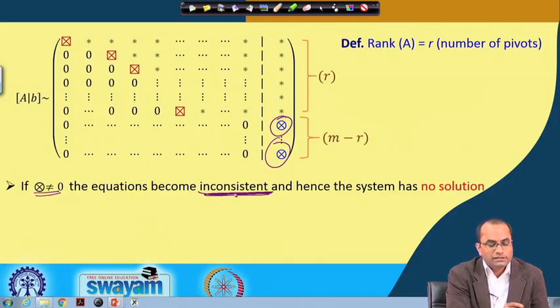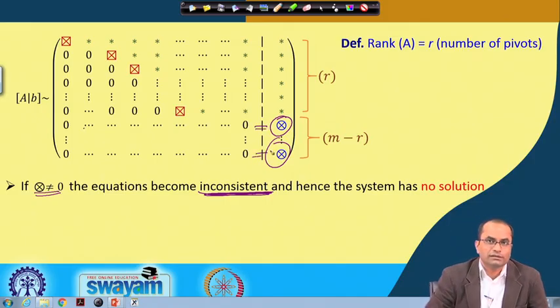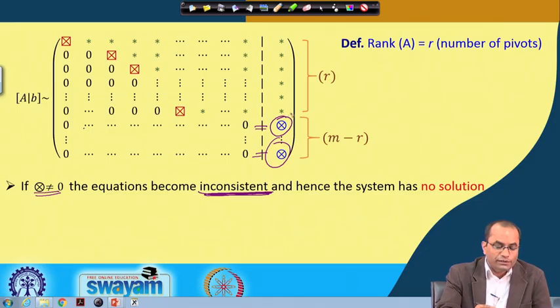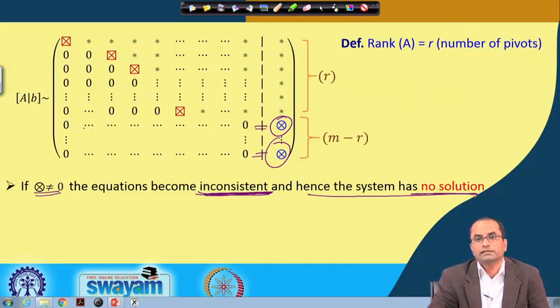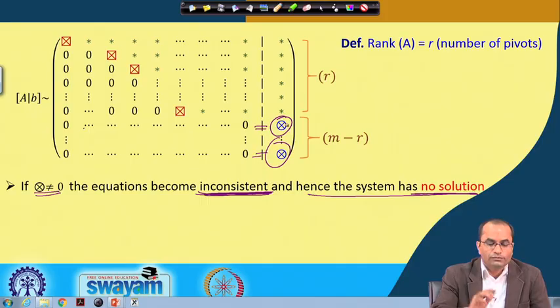Why inconsistent? Because we have the situation that 0 is equal to something non-zero, which we discussed in the previous lecture. So, if in our echelon form we get a non-zero number here, then the system is inconsistent, meaning the system has no solution. That is the first identification we get from this echelon form.